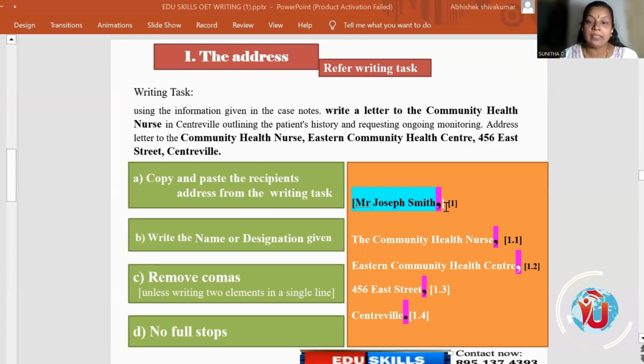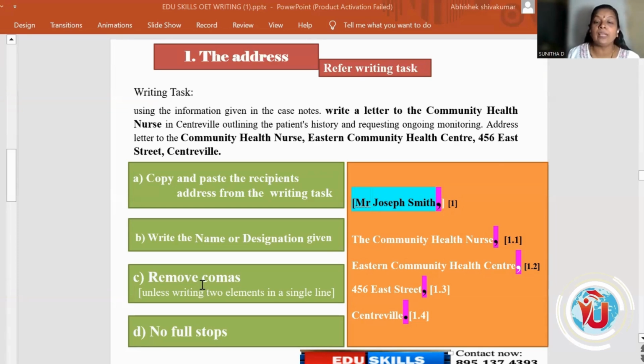Just copy and paste, but we have to make some modification, and write the name or designation given. If the name is not there in the writing task, we simply give a name. Regarding the designation, it is better to write everything down. Then, the modification we normally have to do is remove the commas.